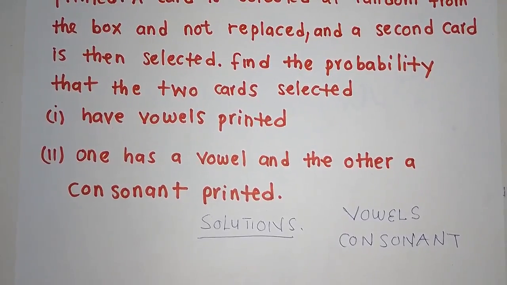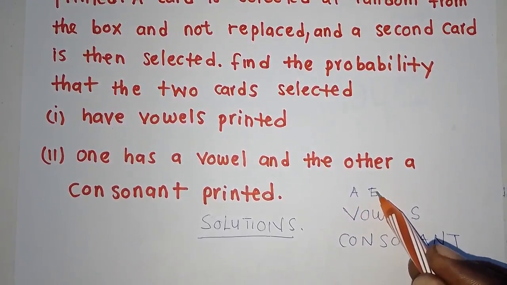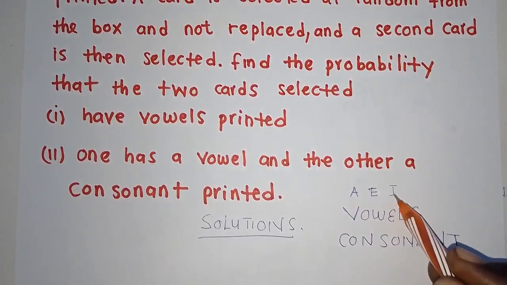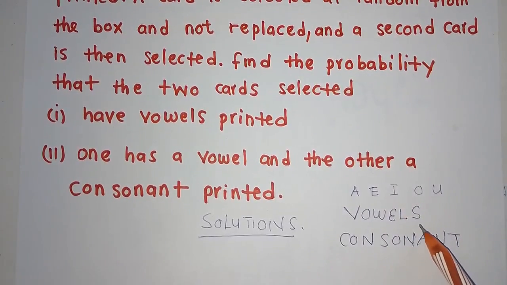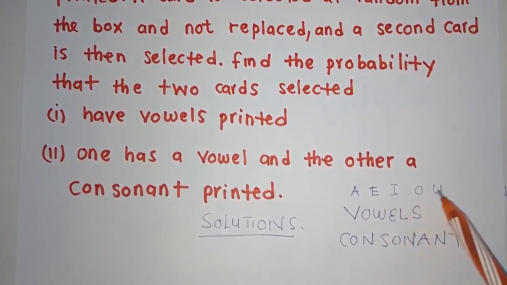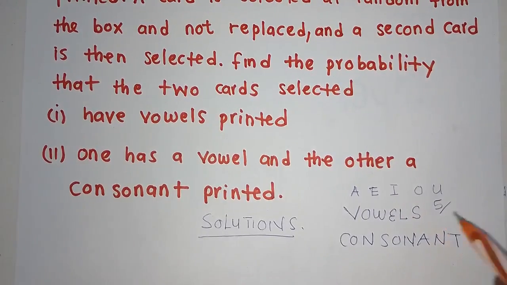So for you to answer this question, you need to know what vowels are. So vowels, these are letters like a, e, i, o, u. From the English alphabet, there are how many? 1, 2, 3, 4, 5. There are 5. So you say 5 over the total number.